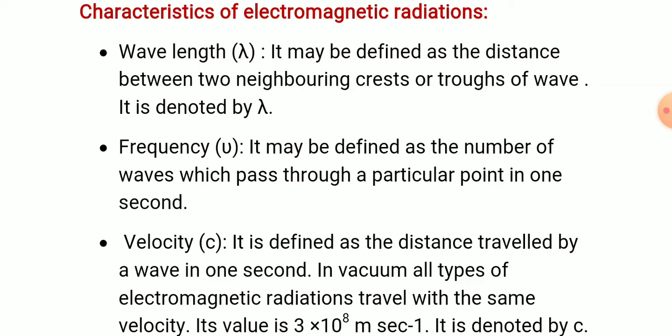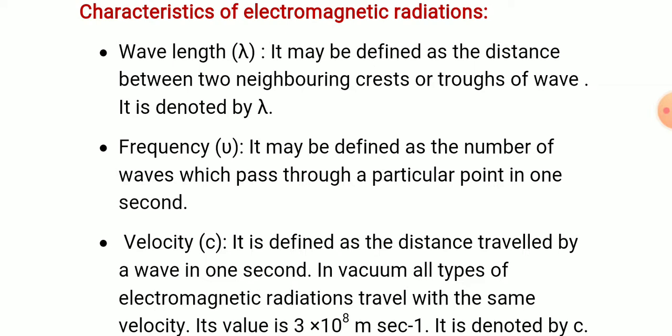Maxwell told that any type of light propagates in the form of waves, and that is radiation. Any type of radiation propagates in the form of wave. Radiation and light are the same. You have to remember this one. Radiation means light, light means radiation.